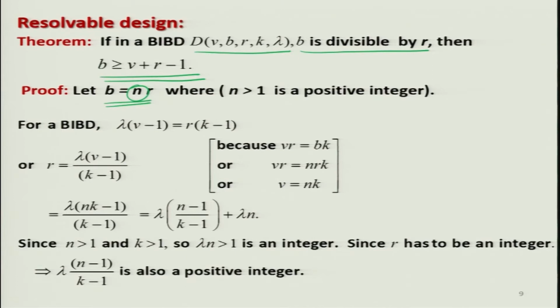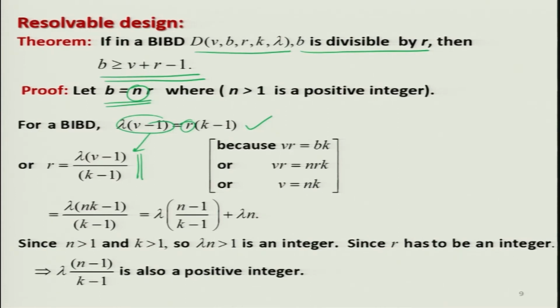Right. Now, you have a property of BIBD: lambda into V minus 1 is equal to R into K minus 1. So from here we can write directly that R is equal to lambda V minus 1 divided by K minus 1.